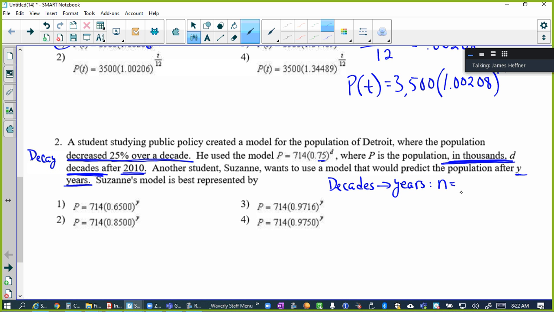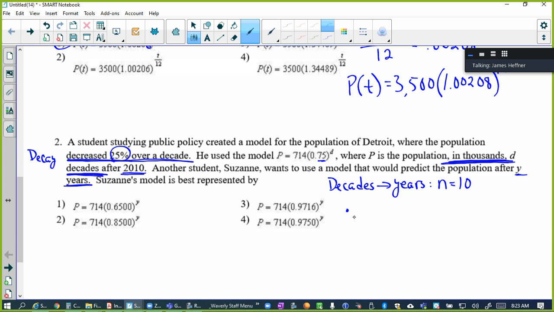How many years are in a decade? 10, right? So let's get the rate that she would use. Okay? So what are we going to do to get the rate she would use? He used 25%. How is she going to calculate her rate to switch this model to a yearly model instead of a decade model?